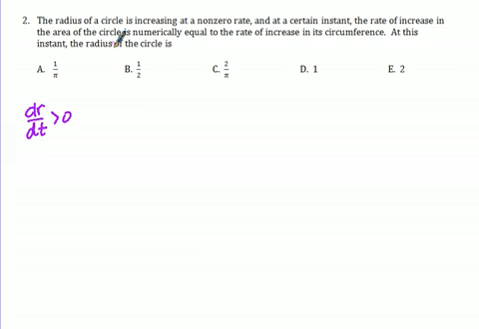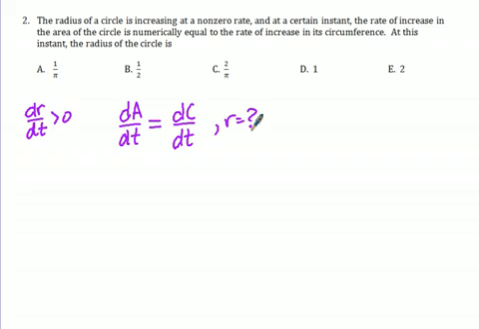Okay, so my area has a rate, so we'll call that dA/dt, is numerically equal to, okay, so I'm going to write equal, the rate of increase in its circumference. So my circumference also has a rate, which we would call dC/dt. And the question is, at this instant, what is the radius? So when these two rates are equal, r equals what?